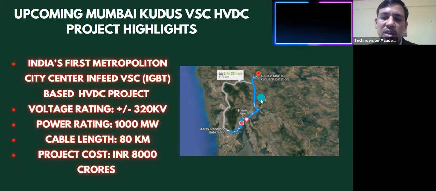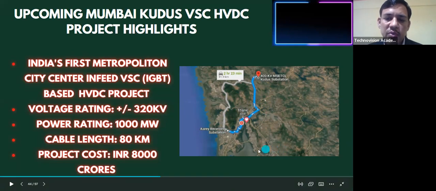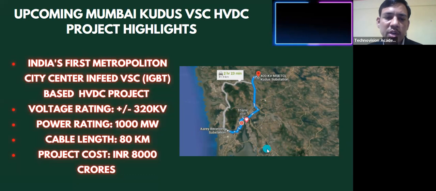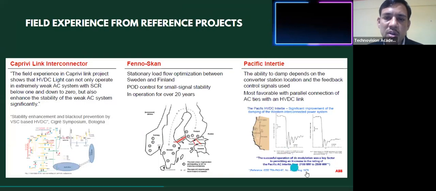So that is again a benefit of this technology. And there is stable operation, meaning the Mumbai grid will be very stable if this project comes into service. So if we go for such advanced technologies, definitely it is going to benefit our national grid also.